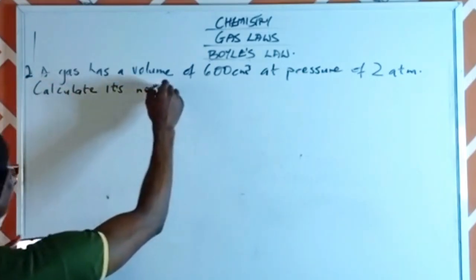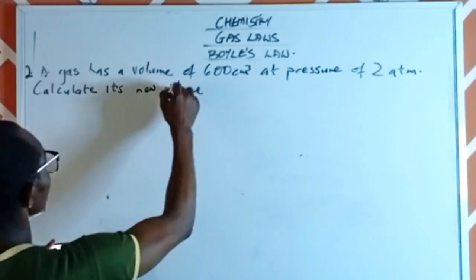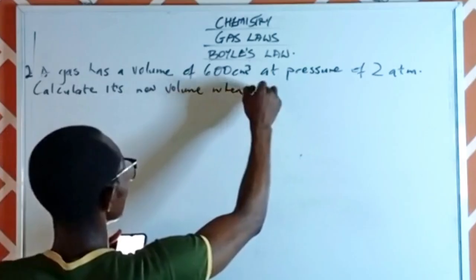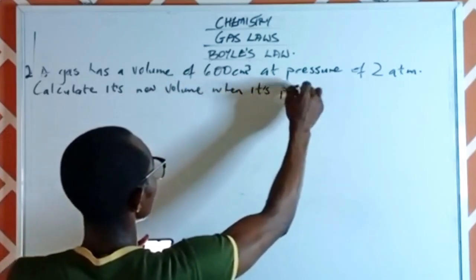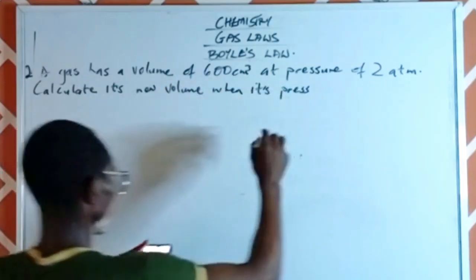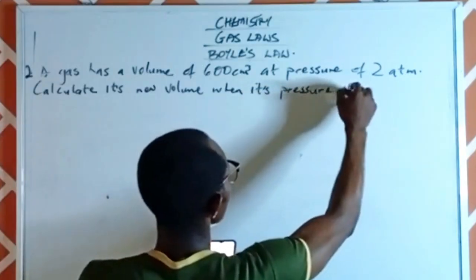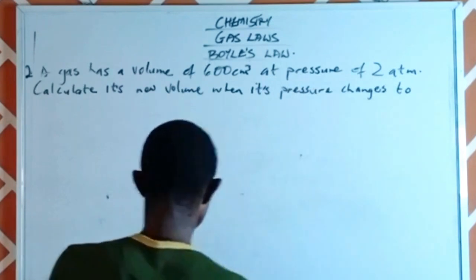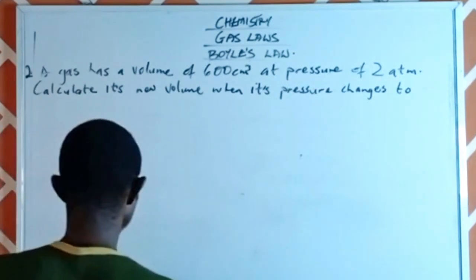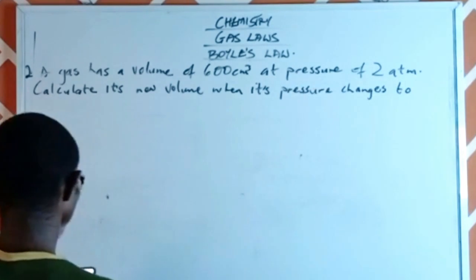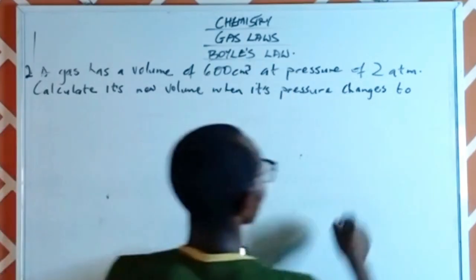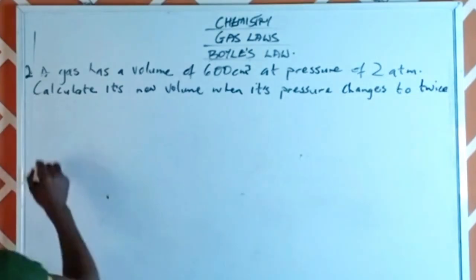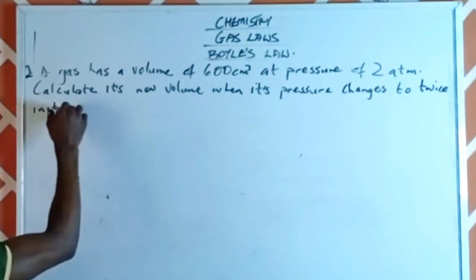Calculate its new volume when its pressure changes to twice its initial amount.